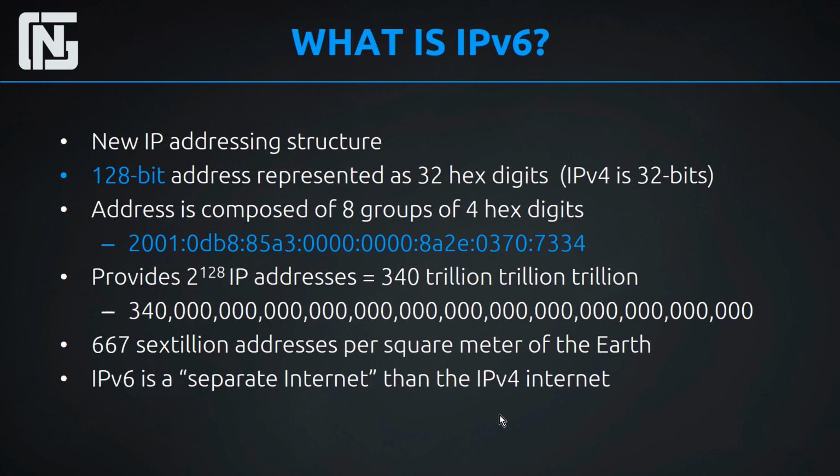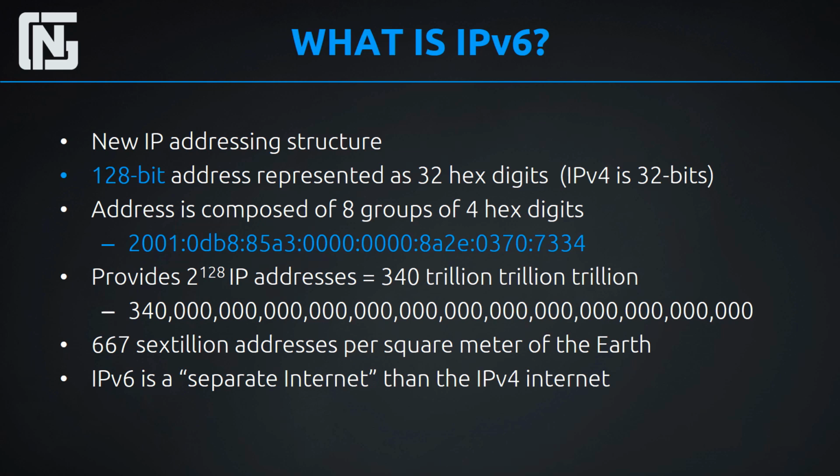So technically speaking, they are separate internets, although there's the same hardware. One router might be running IP version 4 and IP version 6. In fact, pretty much every host now runs both locally on the machine. But when you really think about it, it's kind of like two separate internets. You can just keep that in mind.